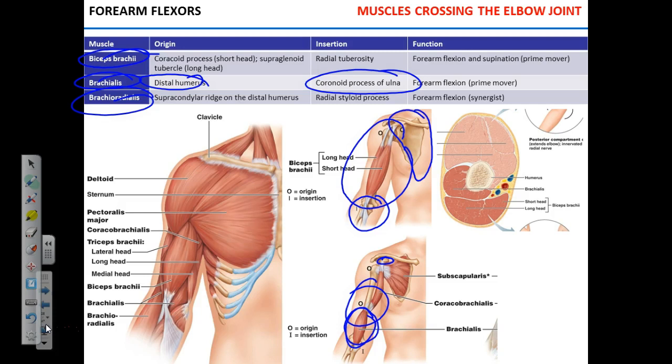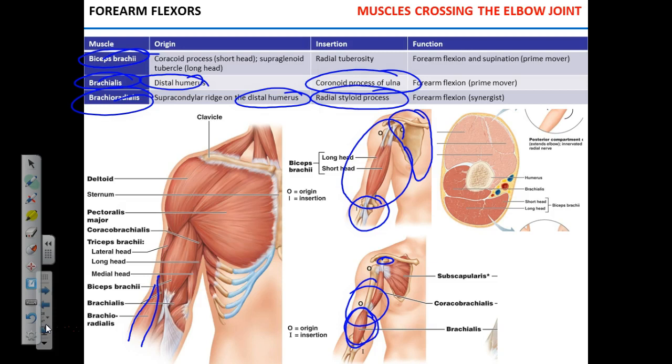Brachioradialis, shown here, originates at the distal humerus, okay? And the insertion is at the styloid process of the radius. Now if you look at Marvin, the distal humerus is here.